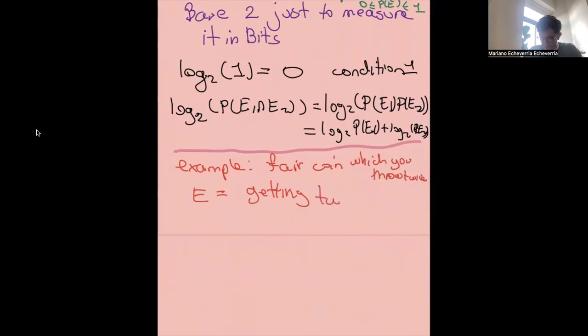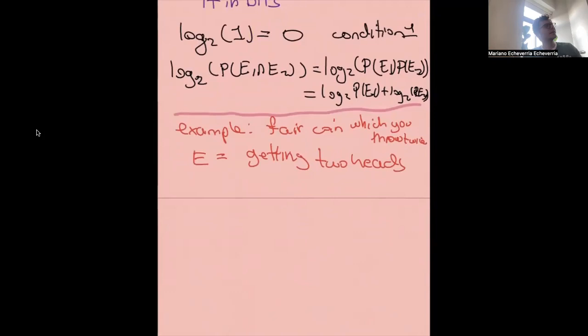So E could be getting two heads, right? And what's the probability of getting two heads if you are throwing a fair coin? Or what is its probability?